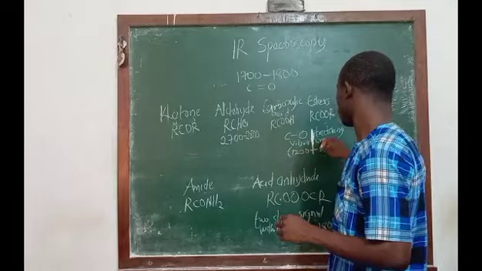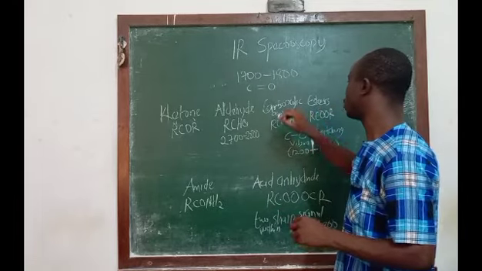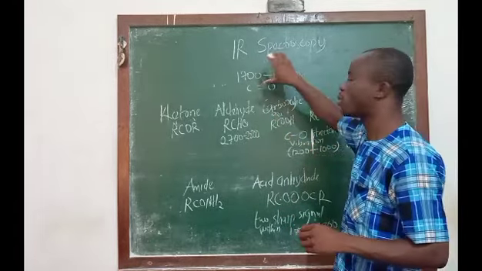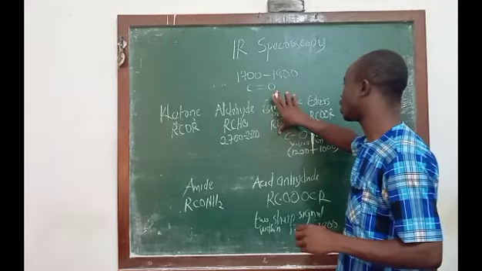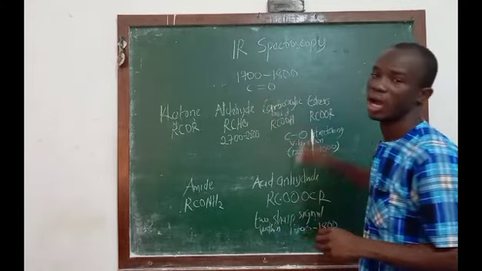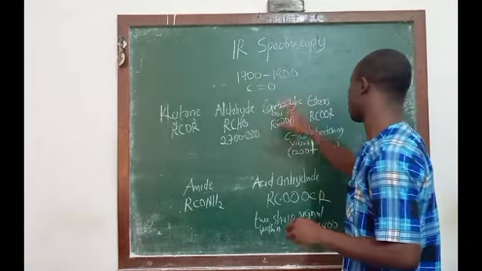So this C single bond O stretching vibration establishes that the carbonyl compound that you have is either a carboxylic acid or an ester. That's how to identify these two.